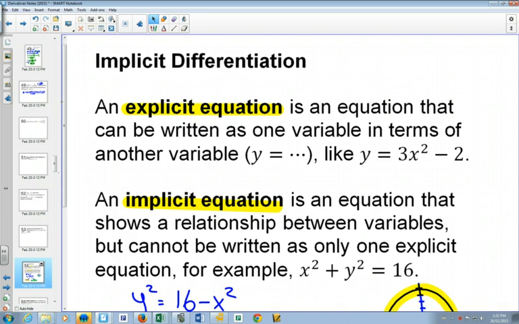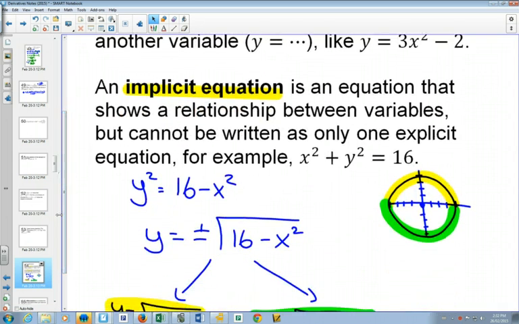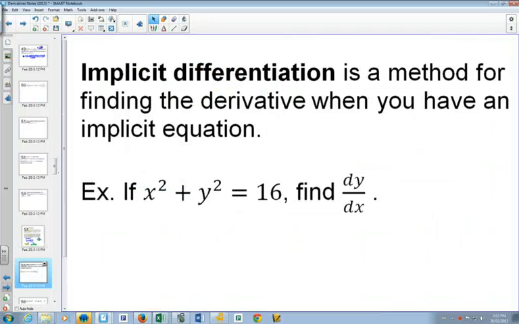So even though we have a circle, we could pick any point on this circle and still figure out what the slope of the tangent would be at that point. So here we have that same equation, and we're going to use implicit differentiation to find dy/dx.